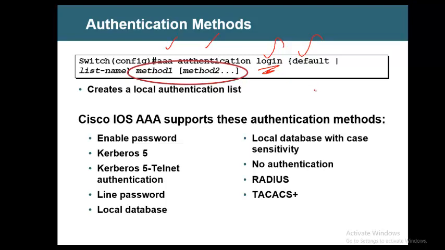If you want to use AAA only for those telnet users, then don't give default. Give a name and call that name, for example a name underscore with VTY. Followed by the methods.